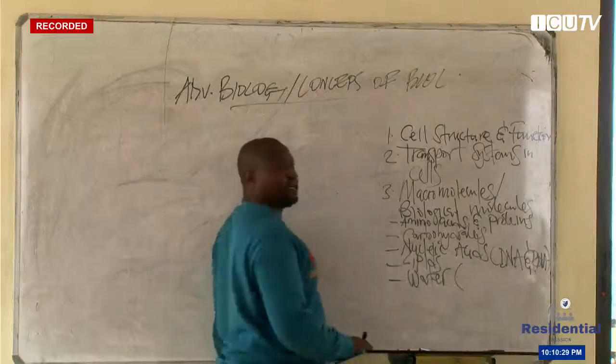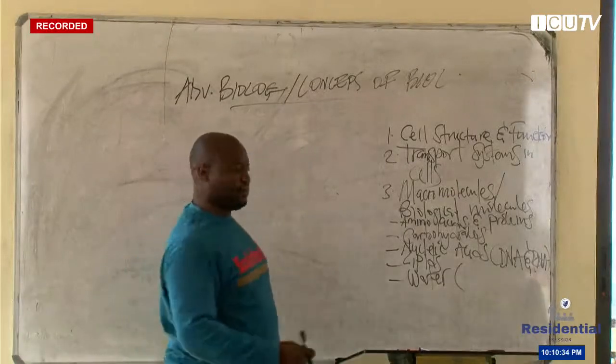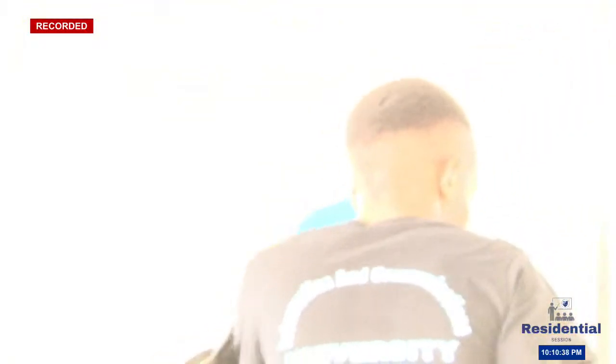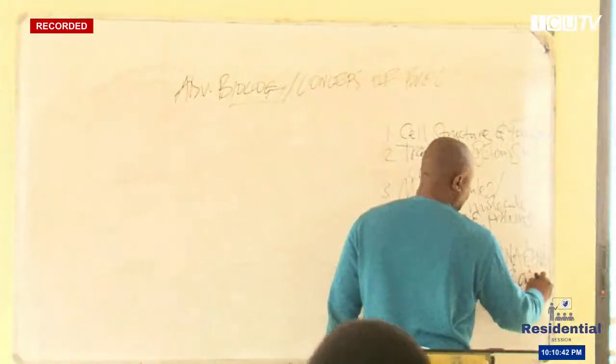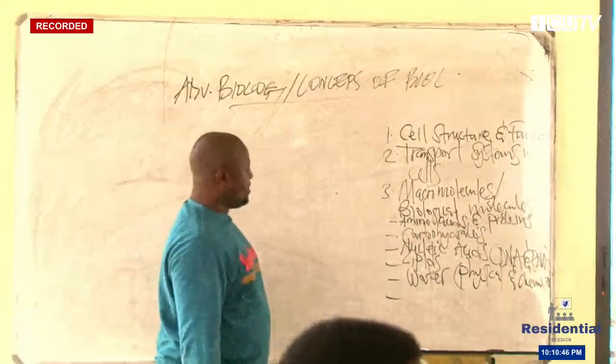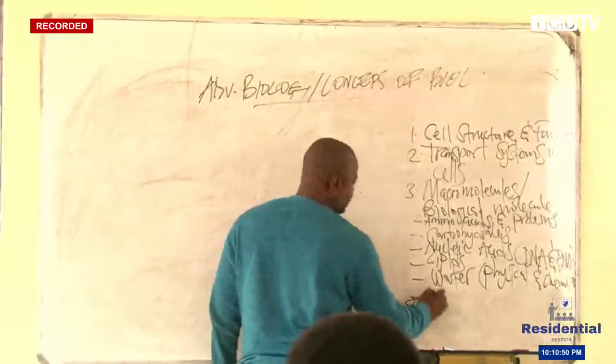And now we'll look at both the physical as well as chemical characteristics of water. After unit 3, we go to unit 4 where we look at photosynthesis.